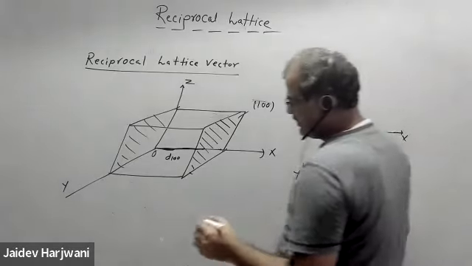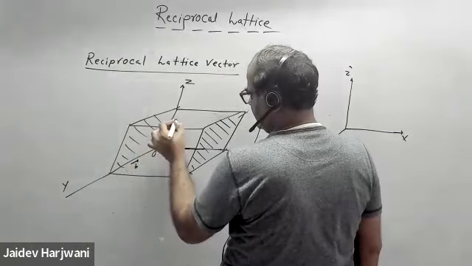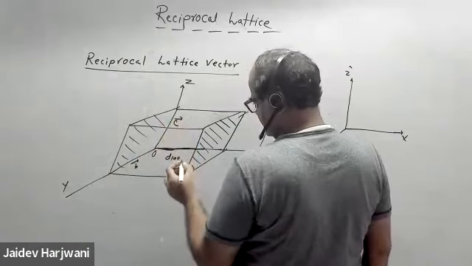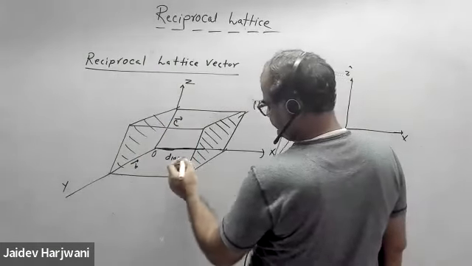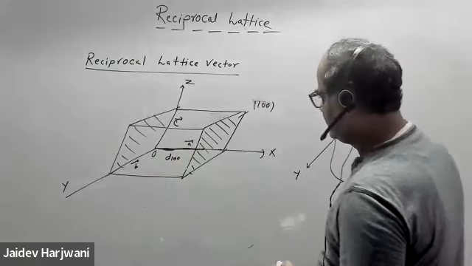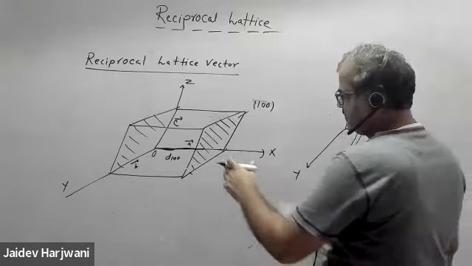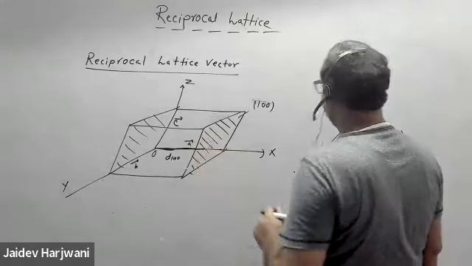Say this is your b vector, this is your c parameter, and this is your a. a, b, c are the lattice parameters of the direct lattice. Now this distance is your 1 0 0 plane.